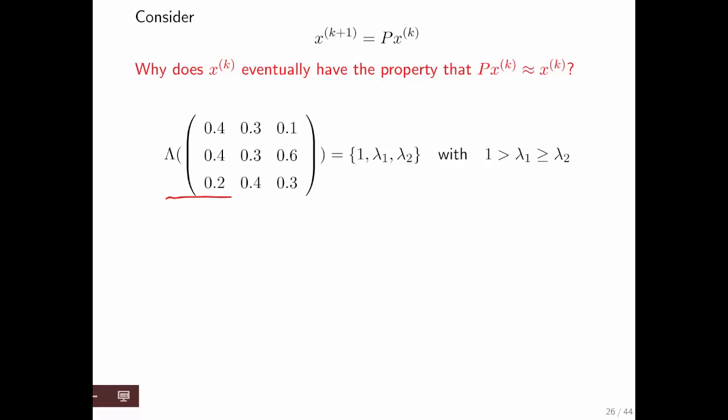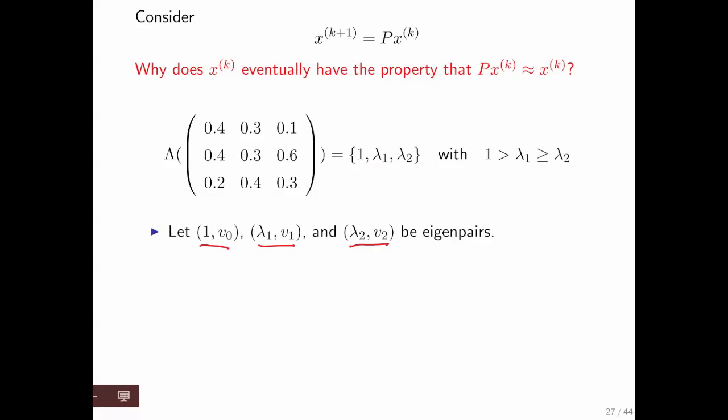We know that the eigenvalues of this matrix include 1, and for the particular transition matrix that we have here, we actually know that lambda 1 and lambda 2 are less than 1 in magnitude. As a matter of fact, they're between 0 and 1.